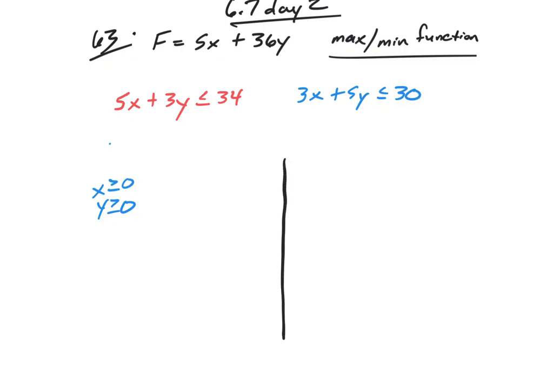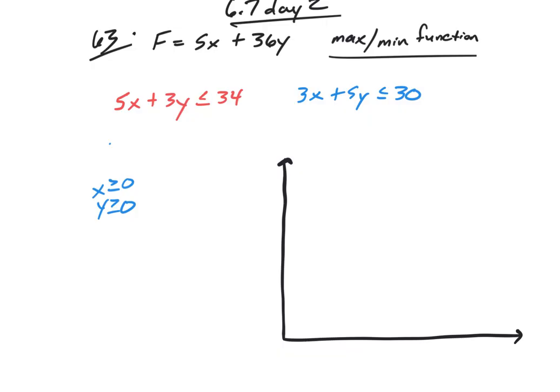All right, the first thing that I'm going to do here, for these today, you can use graph paper, but we're going to be typically limited, not always, but typically limited to the first quadrant. And that's what these two inequalities are telling us. We are limited to only the first quadrant here, because x is greater than or equal to 0.